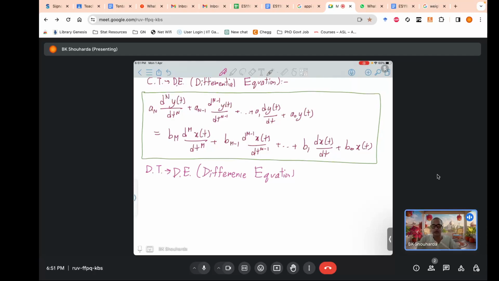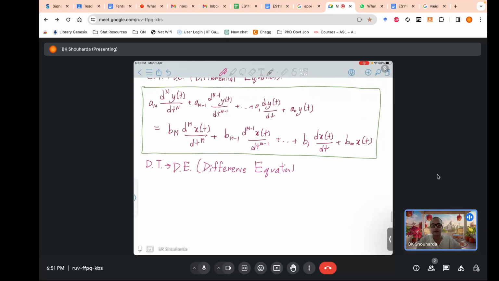For example, this differential equation is given to you. If you remember our problem solving session on the Laplace transform, there we showed you how to convert this using the Laplace transform. You can directly find the transfer function very easily: a_n s to the power n plus a_(n minus 1) s to the power n minus 1, and so on. So H(s), which is Y(s) upon X(s), will be a ratio of two polynomials in s.